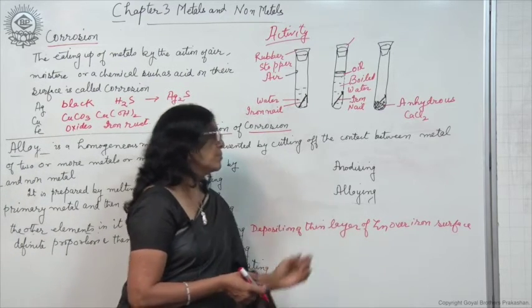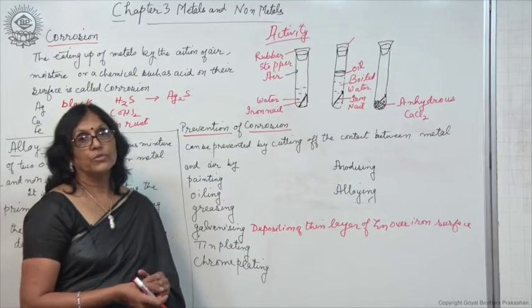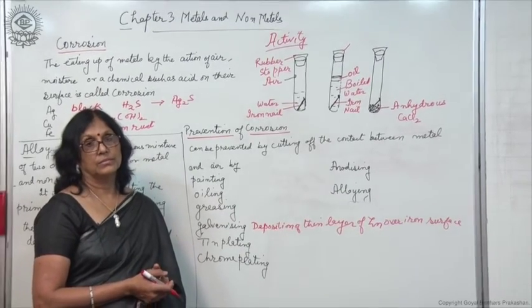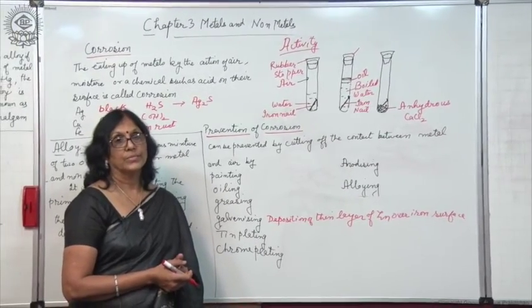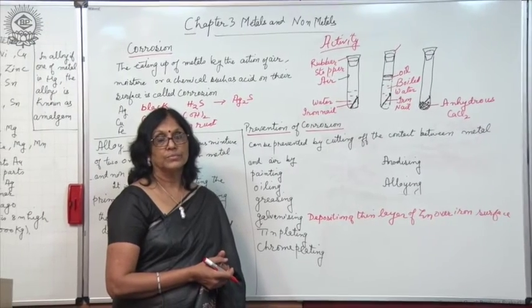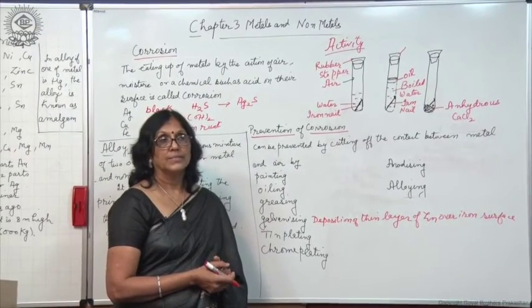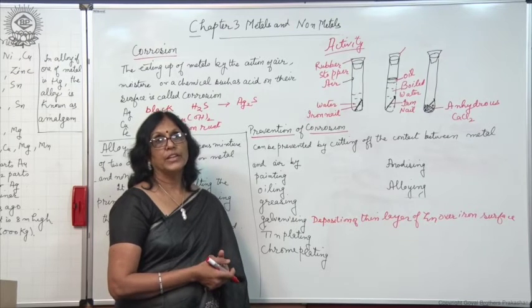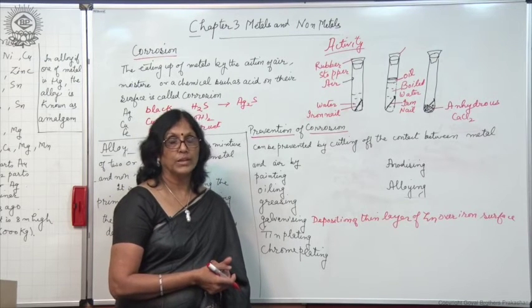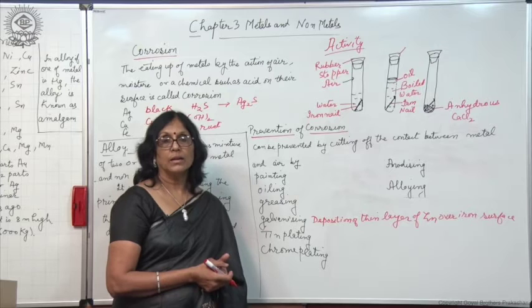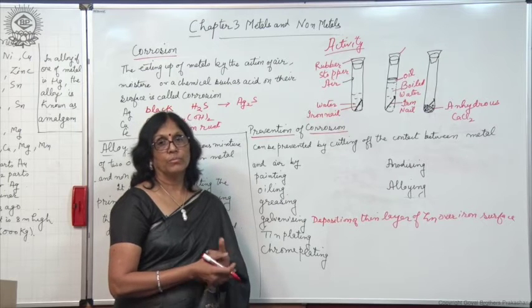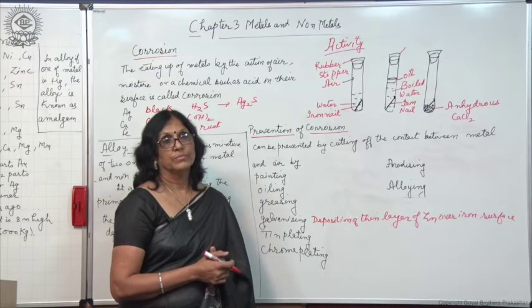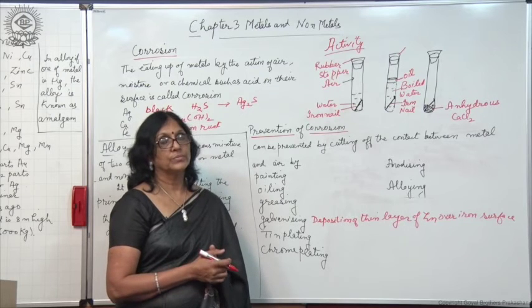Another method used for prevention of corrosion is alloying, making alloys. What is an alloy? Now, an alloy is a mixture of various metals, two or more metals, or a metal and non-metal.